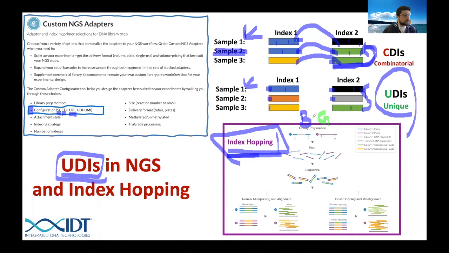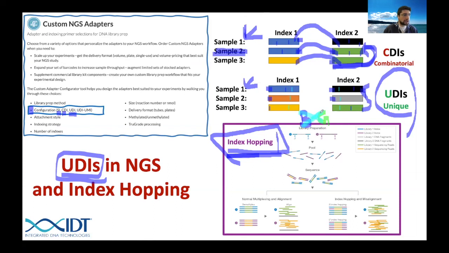Is this a possible combination? No, none of the samples have blue and green as a combination. They have blue and black, they have orange and gray, they have yellow and green. So when you see a blue and green combination, that is definitely an output of index hopping.